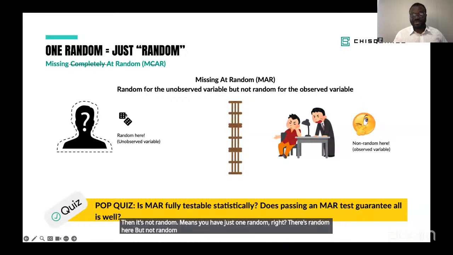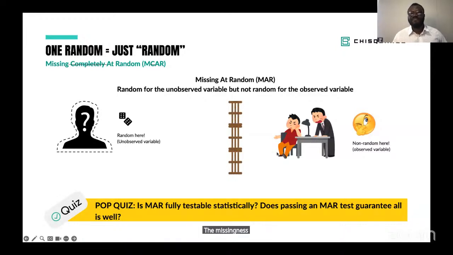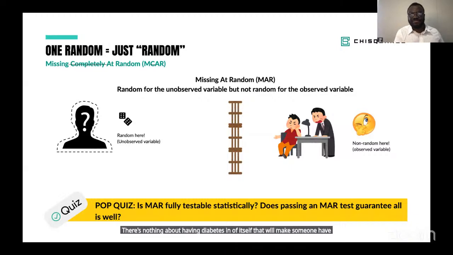In other words, we're saying that self-reported diabetes, the missingness for it, is associated with other variables in the data sets, right? But we are saying that there is nothing about diabetes in of itself. There's nothing about having diabetes in of itself that will make someone have a missing value.